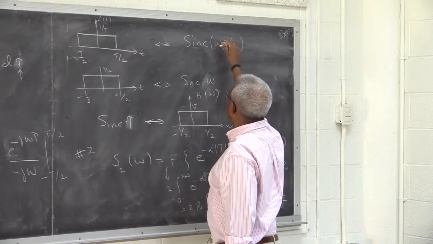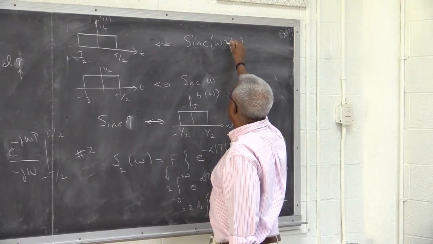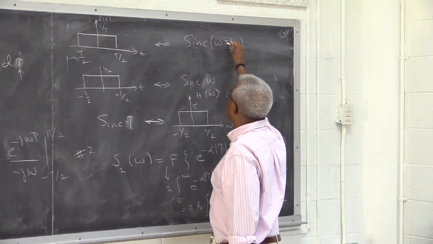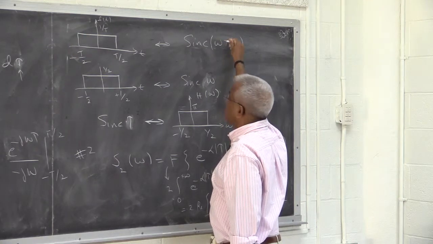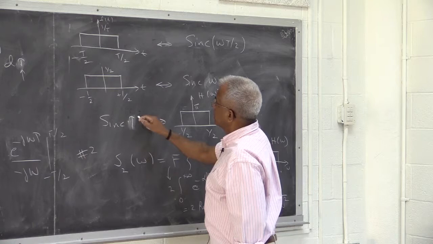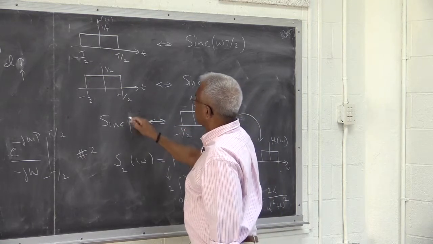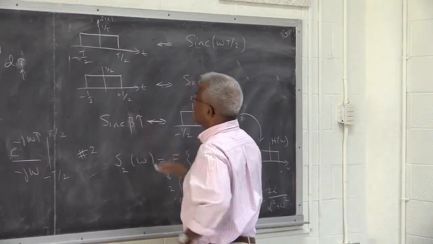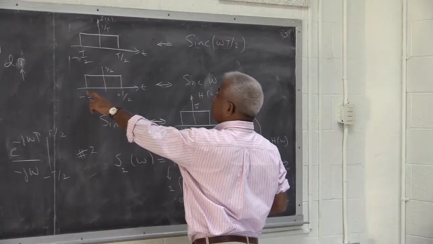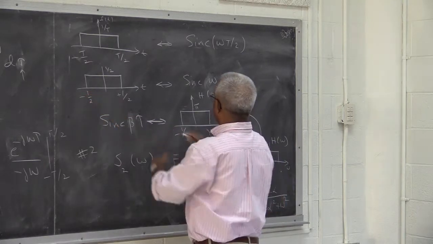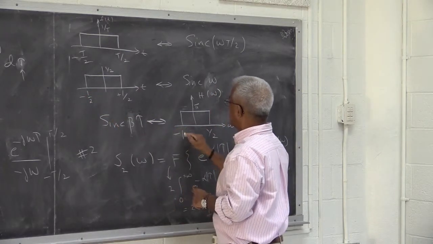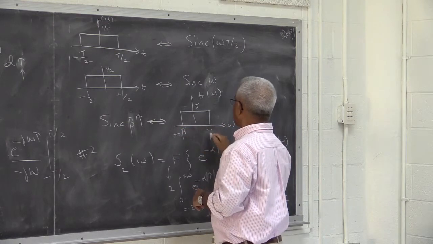If you want sine of beta t, I put t equal to 2 beta, because that gives us omega t. That would come out as here. So we would have beta tau, and this goes from minus beta to plus beta.